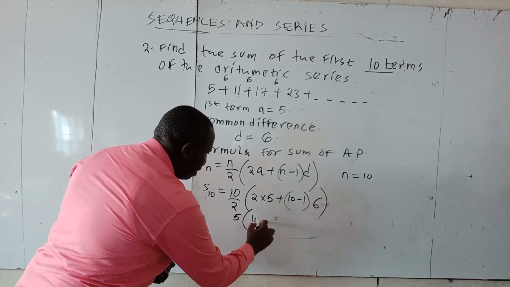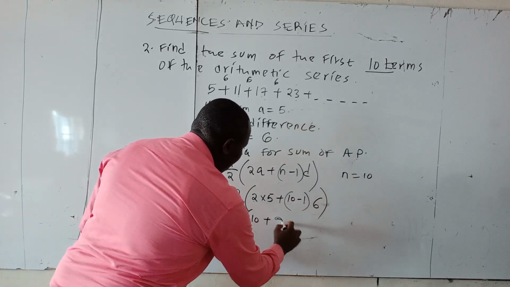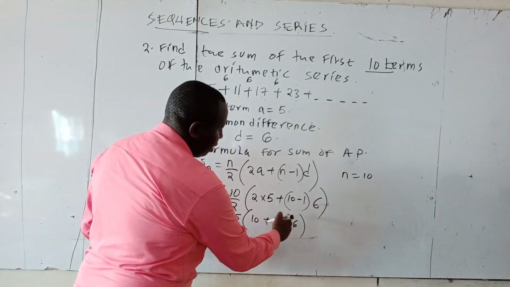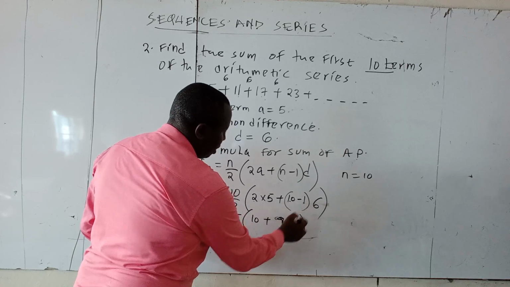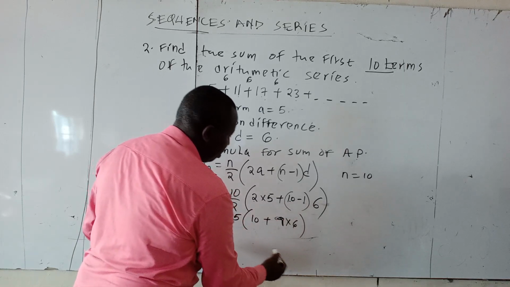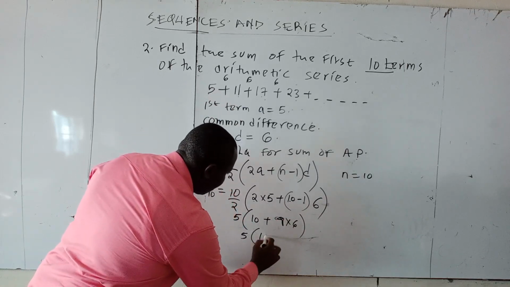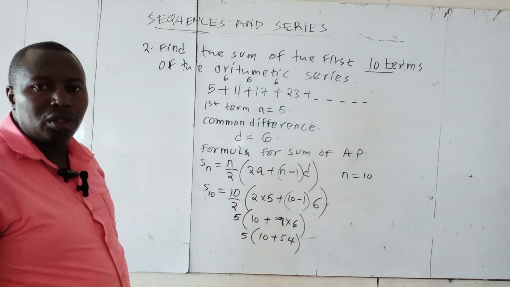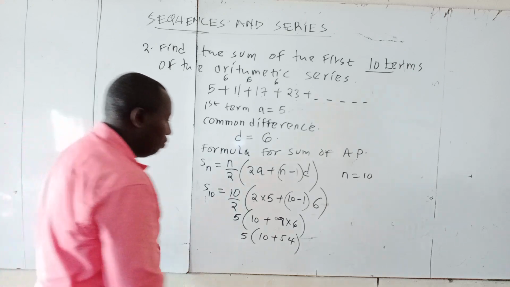Then 2 times 5 is 10, plus 10 minus 1, which is 9, times 6. 9 times 6 is 54. So you say 5 in the bracket, 10 plus 54, which is 64.